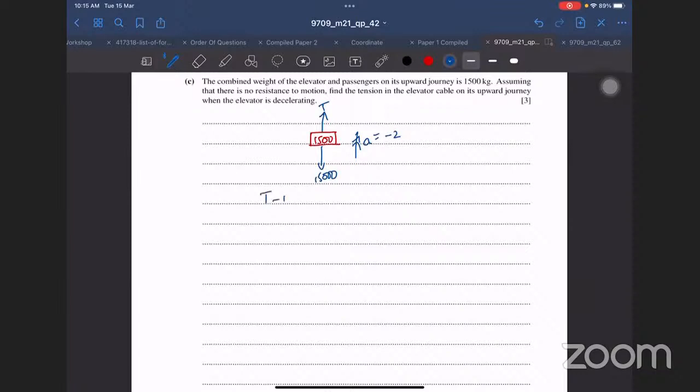So T minus 15,000 equals 1,500 A. T minus 15,000 equals 1,500 into minus 2. So the tension in the cable is 12,000 newtons.